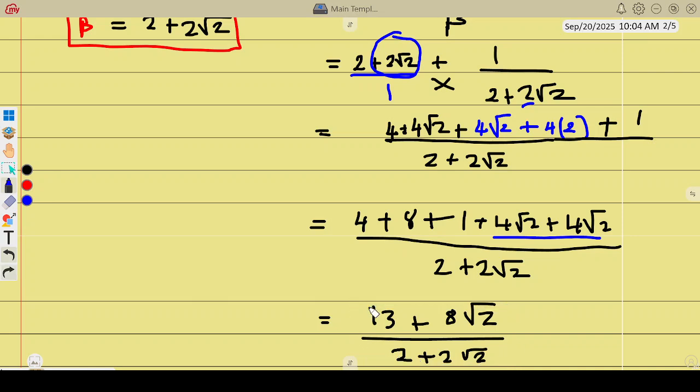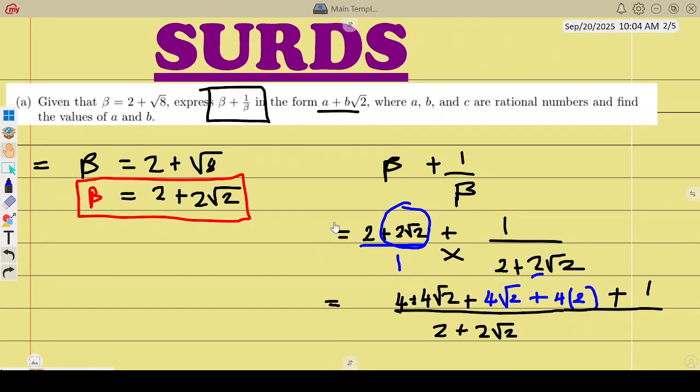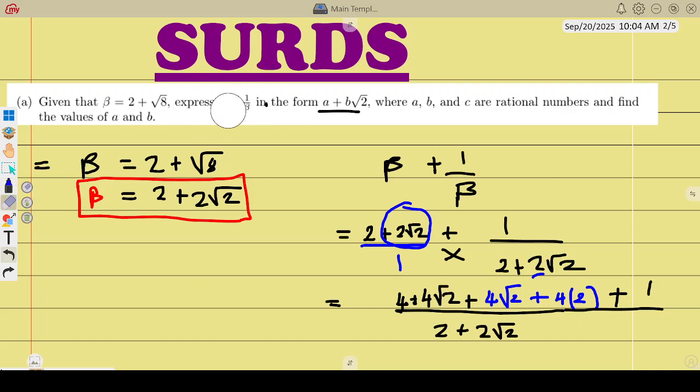Okay, so this is our expression when we combine. So let me take you back to the question so that you see where we're coming from. What we've just done, we have written it in this form, like this: beta plus 1 over beta.